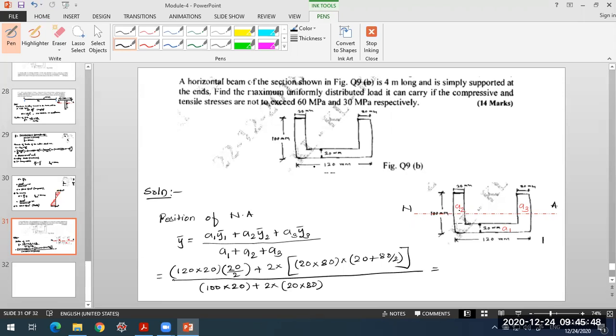So we are getting it as 41.54 mm over here. Okay, that is the Y bar value.